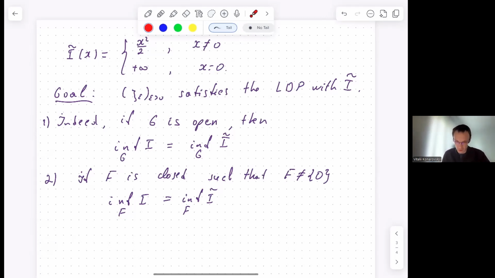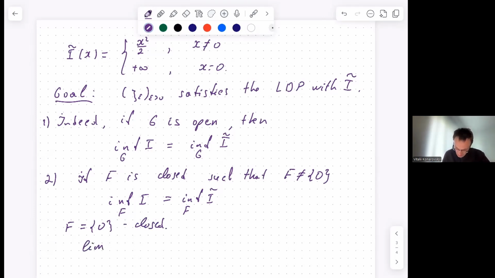Therefore the infimums also must coincide. The only thing to check is the case where F is equal to the point 0 only. This set is also closed, and here we just need to make the computation.